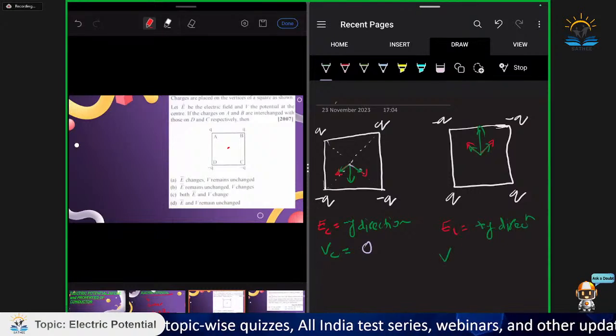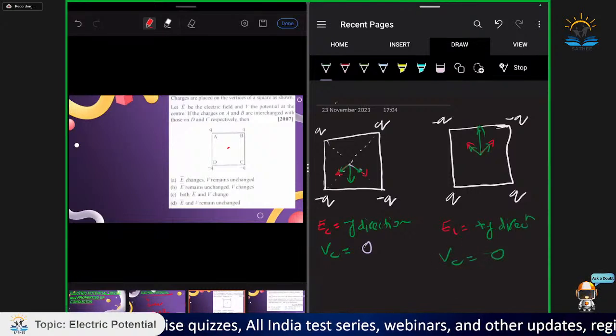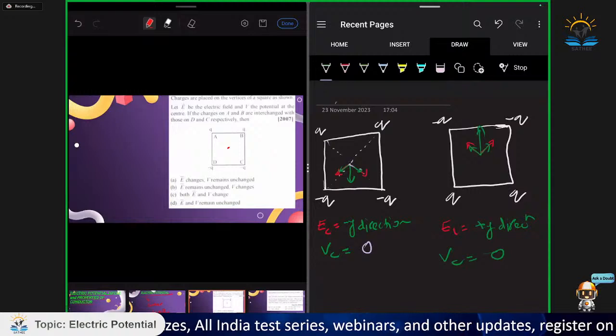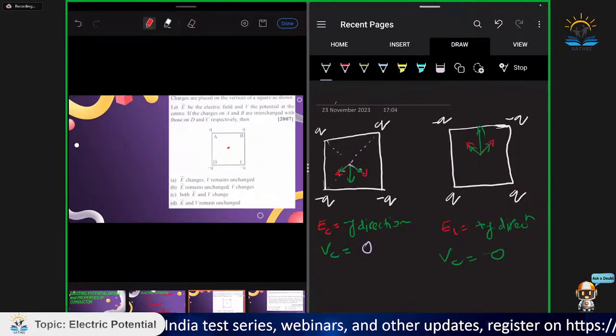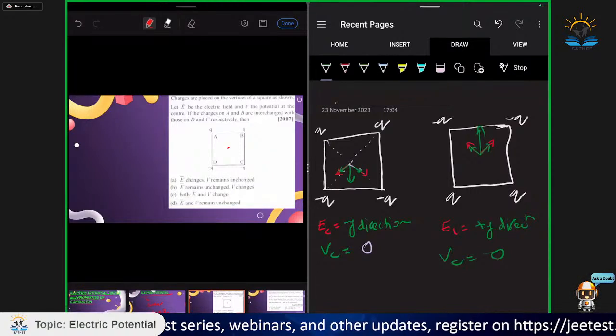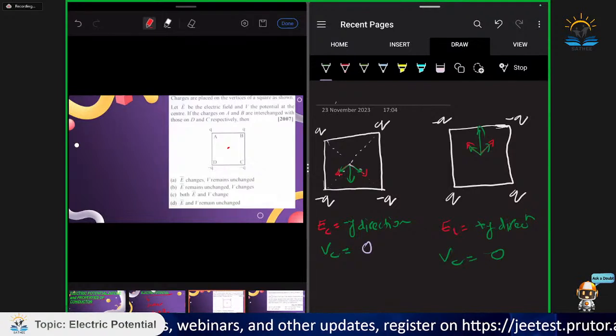Am I right? But the potential will again be 0. Why? Again, 2 minus Q and 2 plus Q are equidistant from the center. With scalar addition, the net will be 0.